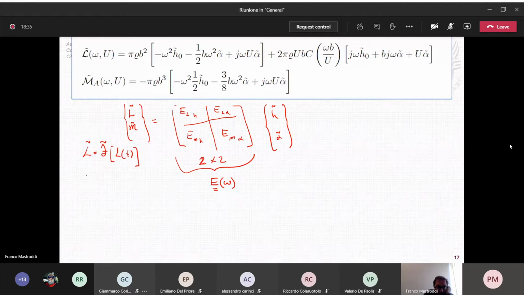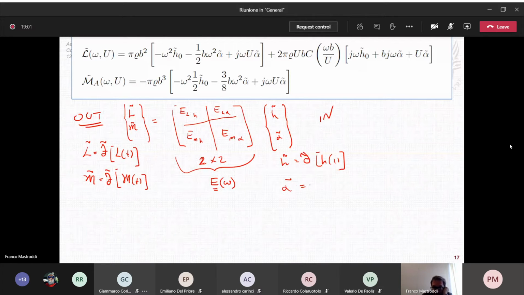And again, M tilde is the Fourier transform of the aerodynamic moment. This is the output of this matrix. And in input, you have here the plunge, H tilde, which is again the Fourier transform of the heave degree of freedom as a function of time, and finally pitch.